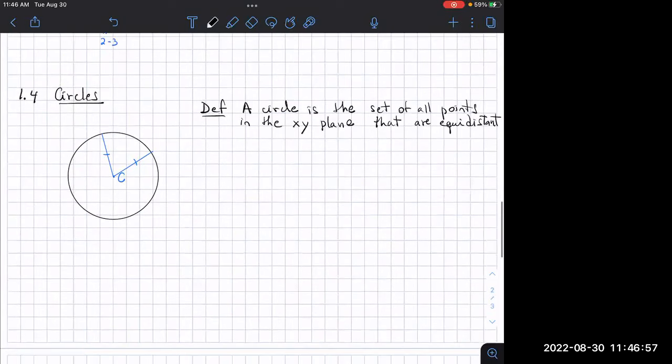That is, they have equal distance from a fixed point or the center of the circle. Okay, so that's a reference point.